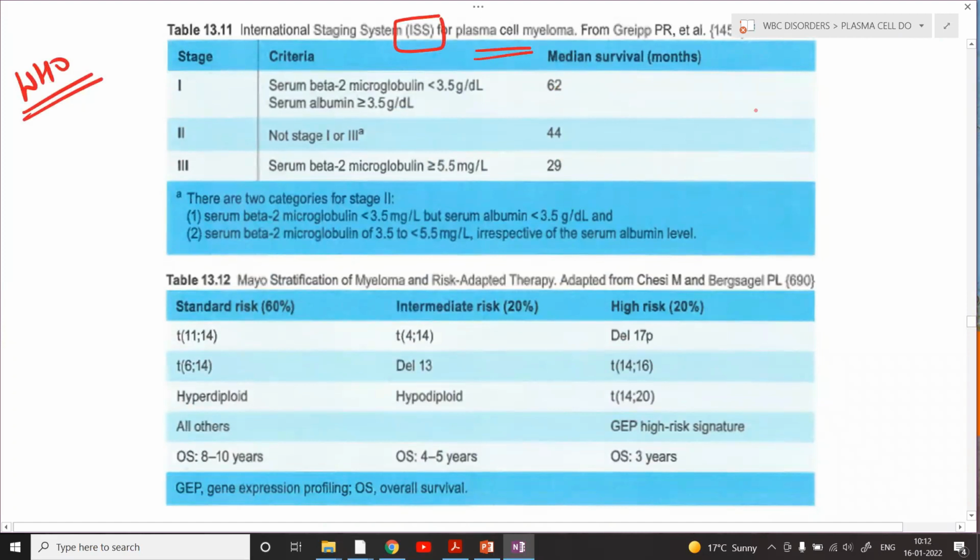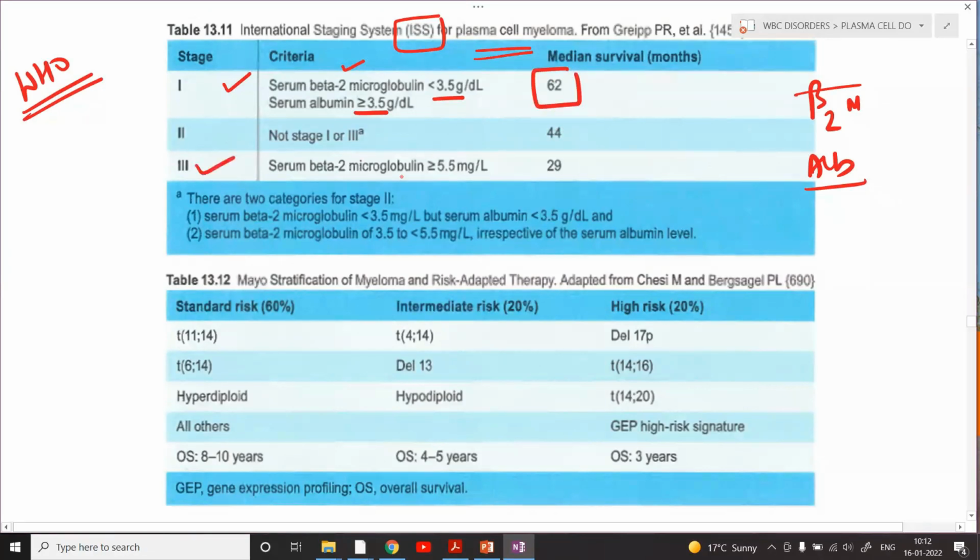According to the serum beta 2 microglobulin as well as serum albumin levels, we grade for how many months the median survival can be predicted. Remember stage 1, where the serum beta 2 microglobulin is less than 3.5 and the albumin level is more than or equal to 3.5 gram per deciliter: the median survival is 62 months or around 5 years.